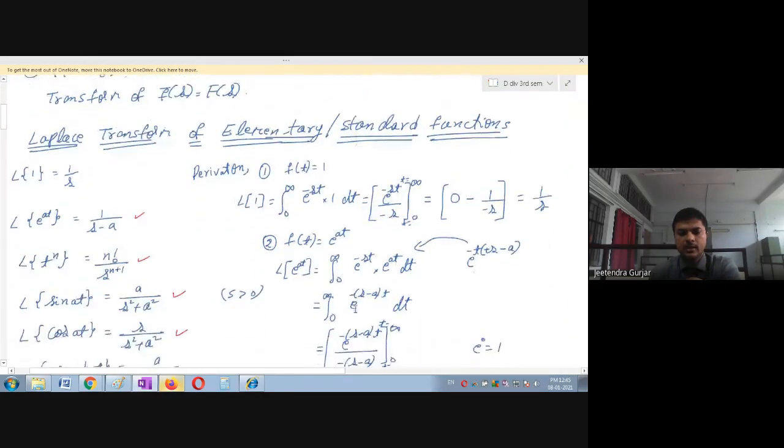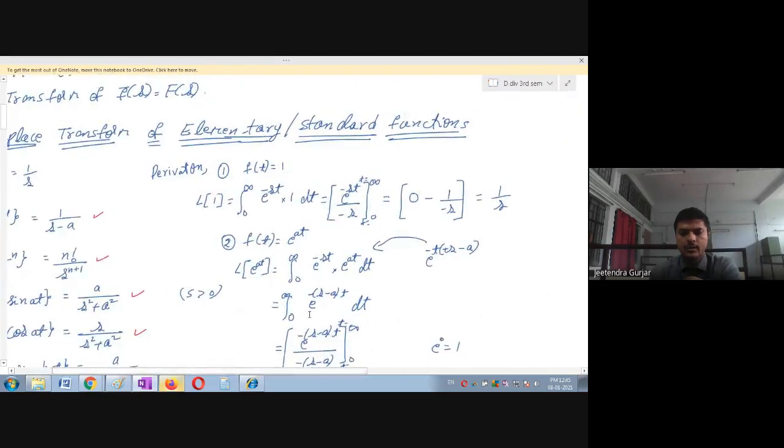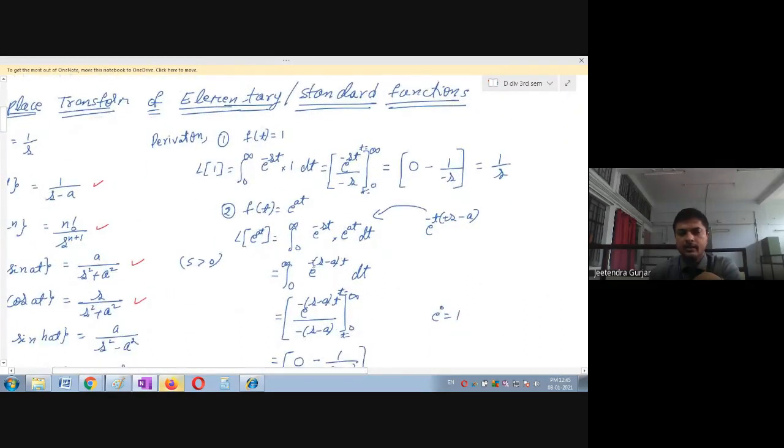So e is common in both, so one can easily write e raised to minus, I will take t common, right? So minus t, if I take it out in the bracket, one can see here it is s minus a. So this is a very, very important step. Modify this in such a way that I get the proper integral. So e raised to minus t times s minus a, dt.